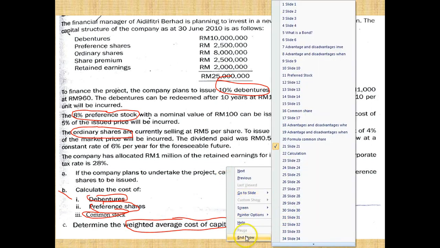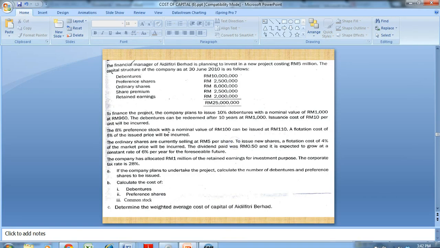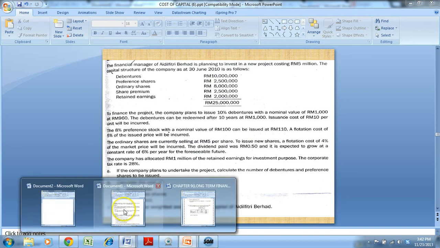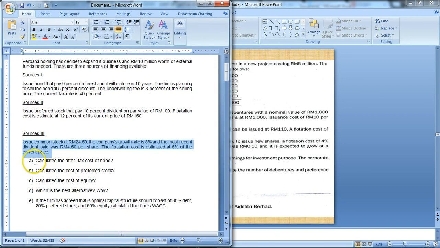As you can see in this question too, you need to calculate the after-tax cost of bond, we've got preferred stock, and cost of equity. And we need to choose which alternative source can give you the lowest cost of capital.